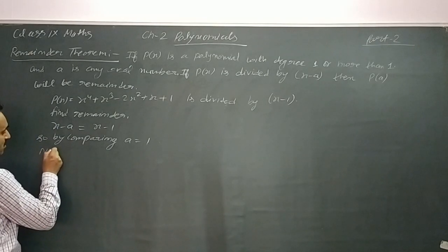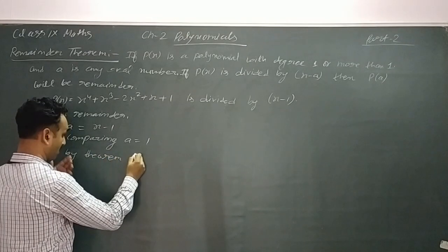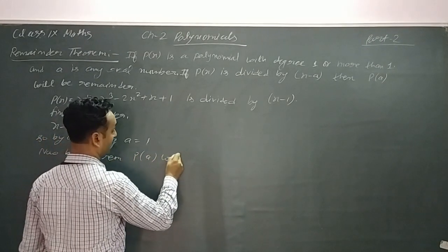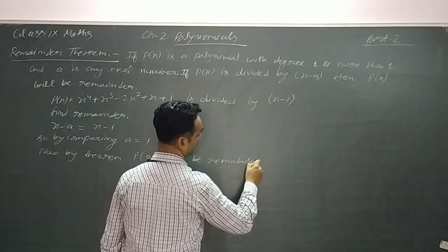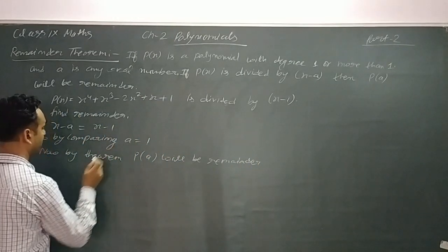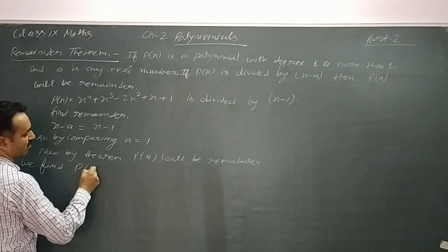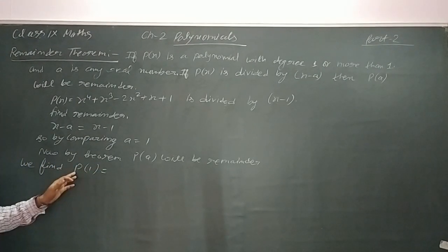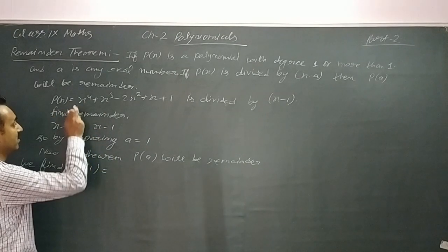Now by the theorem, P(a) will be the remainder. P(a) means we find P(1). So how will you find P(1)? We put x equals to 1 in the given polynomial.